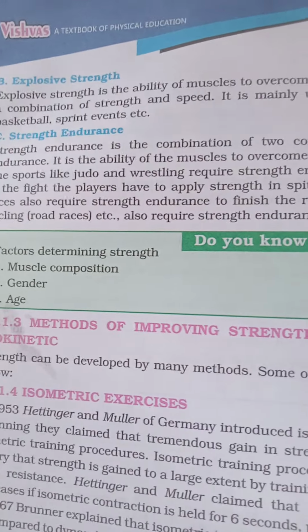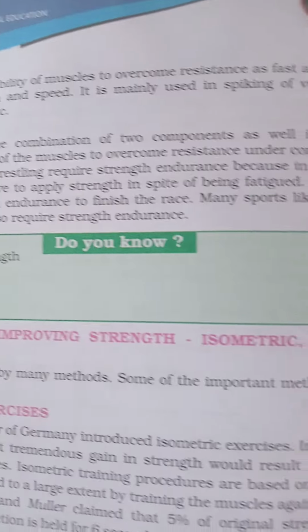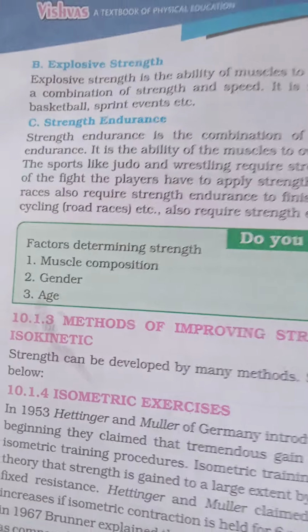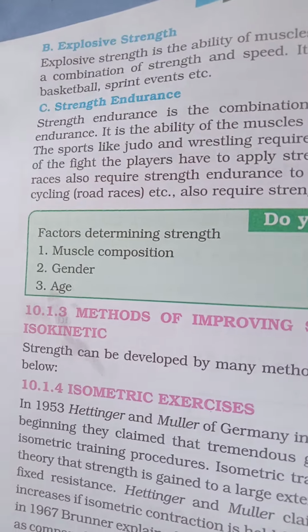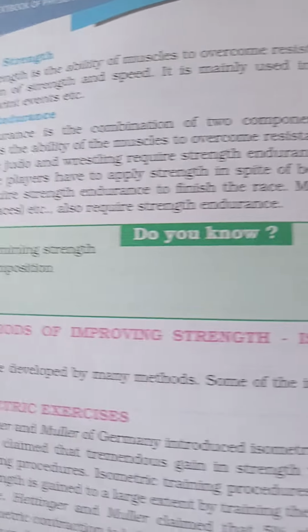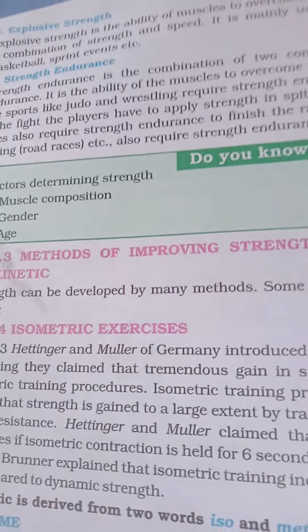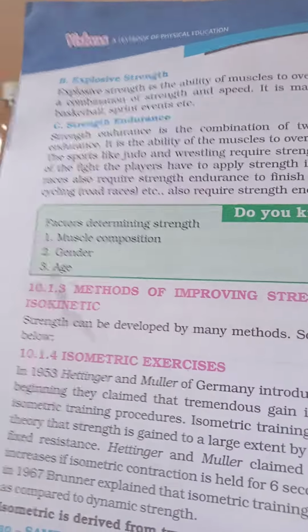The long distance races also require strength endurance to finish the race. Many sports like swimming, road running, cycling also require strength endurance. So this is about strength endurance and the various types of strength.